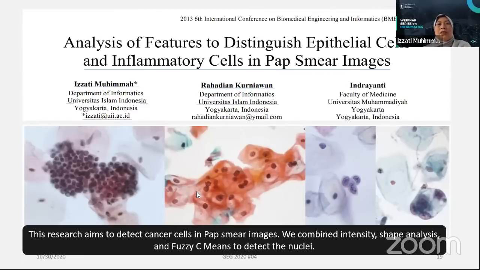So our first task in this clinical pathology area is only counting the cells. It looks easy because we only count the cells.